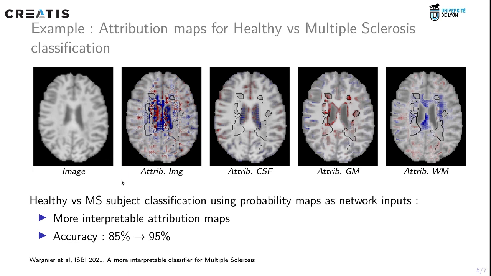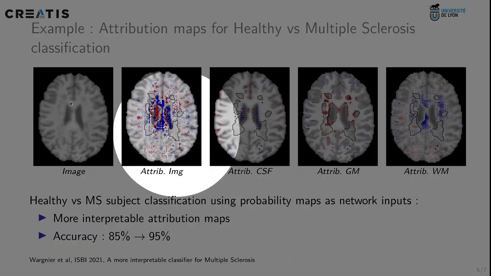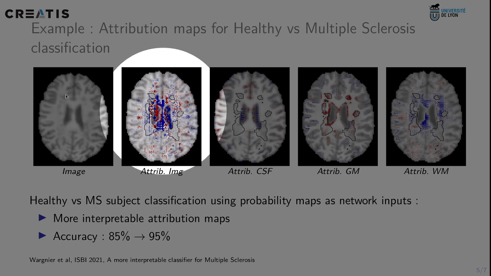So we train a CNN to discriminate between healthy subjects and MS patients. Here we computed the attribution maps, and as you can see, this map is difficult to read and rather noisy.